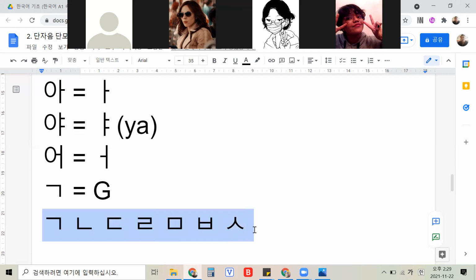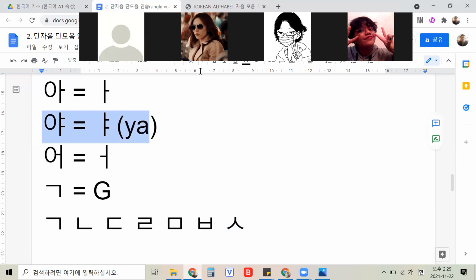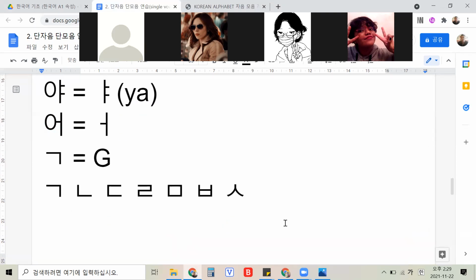I hope you guys already wrote in your notes what the sounds were, and now you're going to combine them with this vowel. So start from Sarah. Sarah, can you start to read those syllables? Sarah Flores, by the way, sorry.